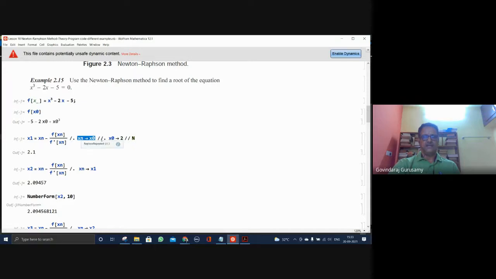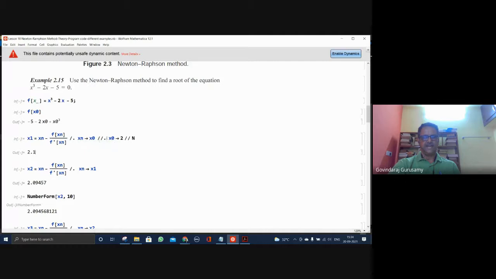Then, after substituting, xn is x0, and x0 I'm substituting with a number, 2. Okay? See how this is a variable change. But after changing the variable, I'm going to make a substitution for x0. First step is xn becomes x0. Then x0 I am giving a number.